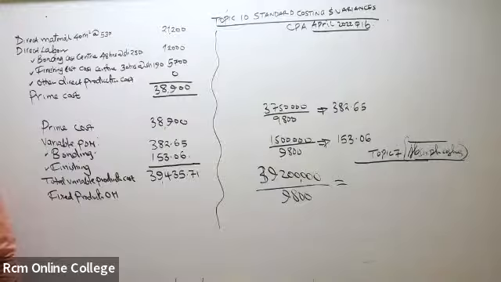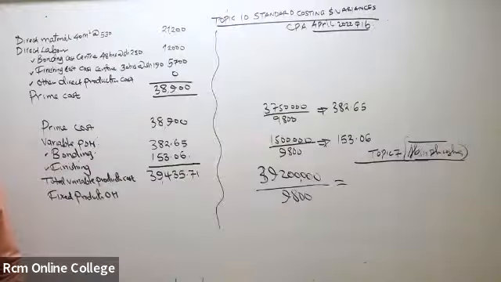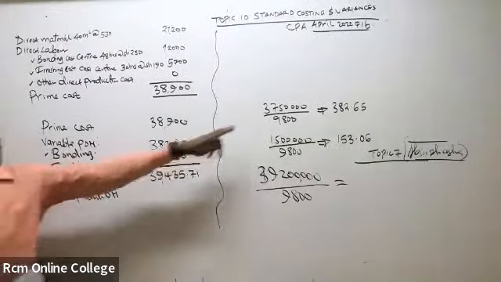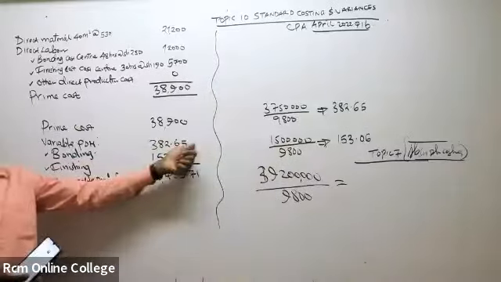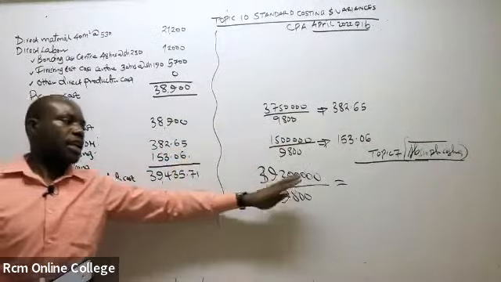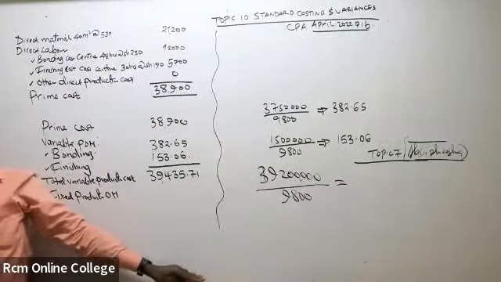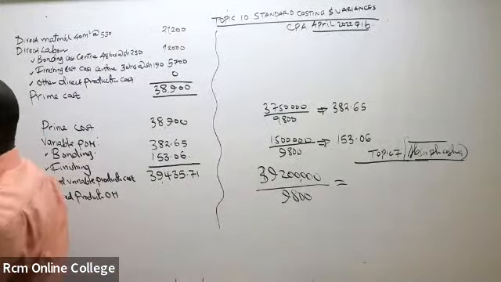Tunapata ngapi? If we were doing it for all the units, we would pick the figures and put them here the way they are. We would take that 3750, put it here. We would take 1500, put it here. We would take 39,200, put it here, and get all the costs for the 9,800 units.